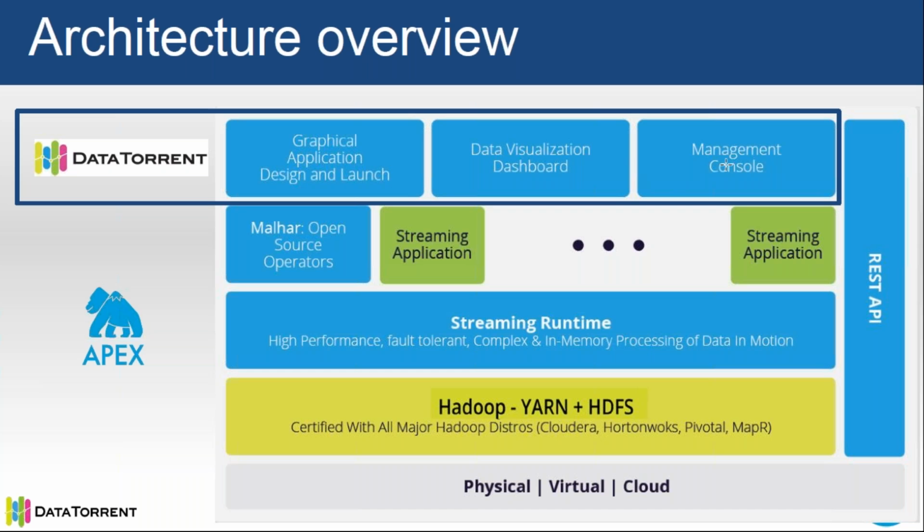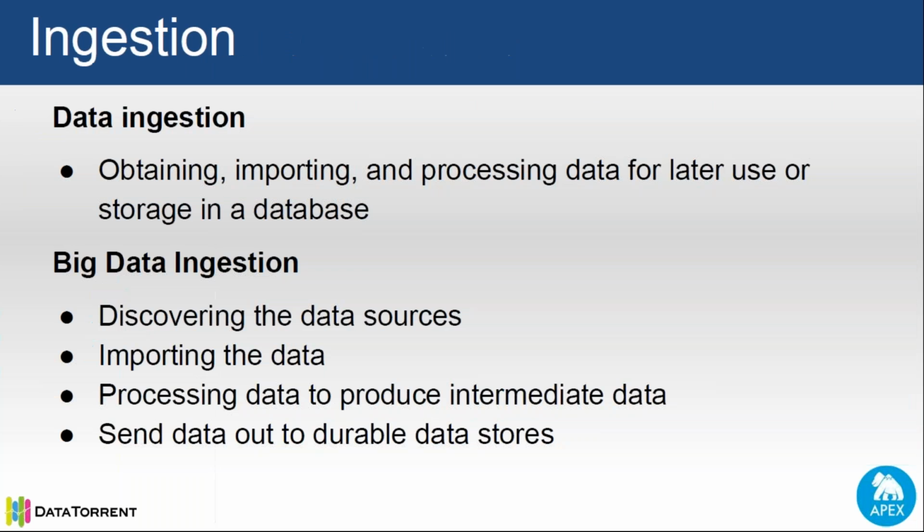You want to see what containers are failing, or look at the logs for debugging and stuff like that. And yes, we have REST APIs. If you want to write your own tools for management, you can use the REST APIs for communicating with the Apex engine.